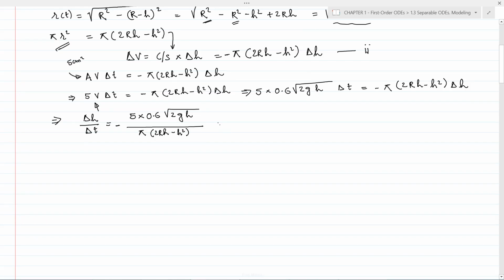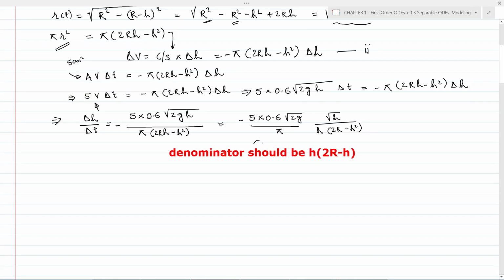Now, this right hand side is equal to minus 5 multiplied by 0.6 square root of 2g divided by pi, multiplied by square root of h divided by h (2R minus h) squared. We have taken all the number terms here and multiplied them to all the symbols here.